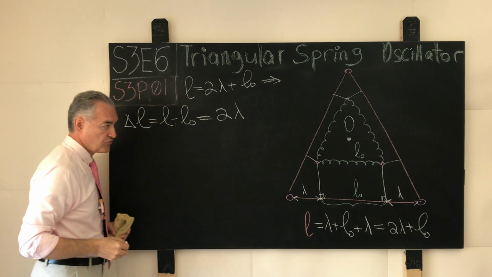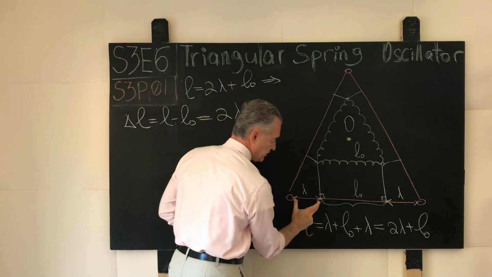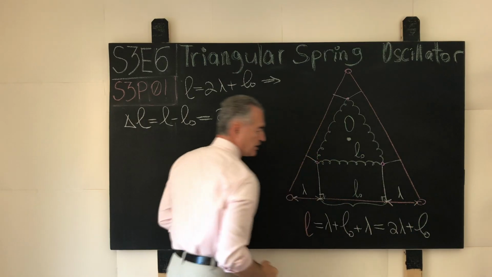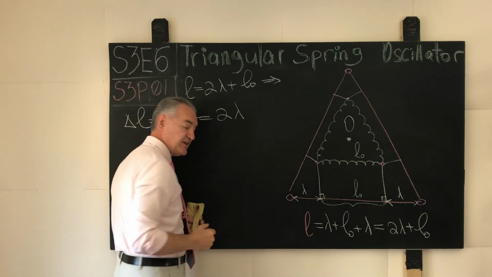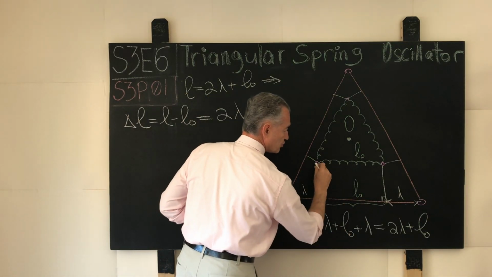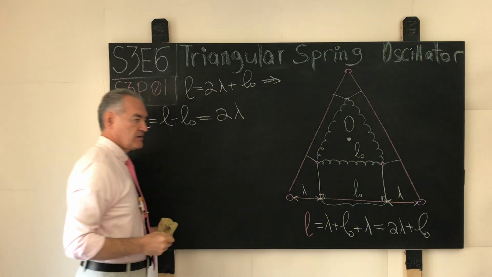It is that straightforward, and it is these two little chunks, the lambda shown on the left and the lambda shown on the right, that represent the expansion of the spring with respect to the neutral state in which every ideal spring has length L0.